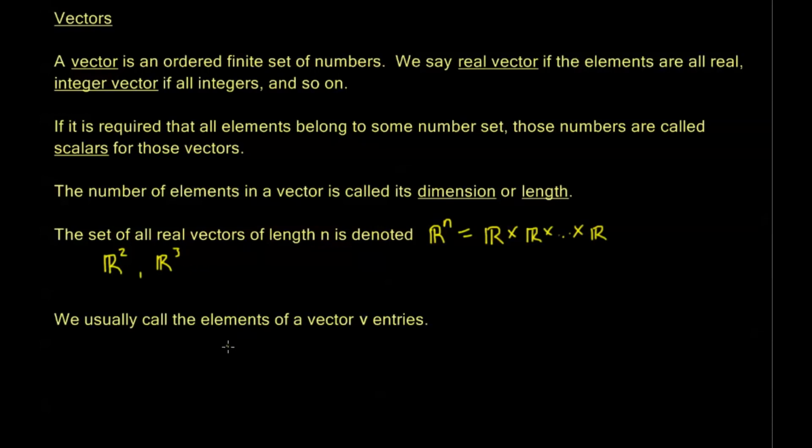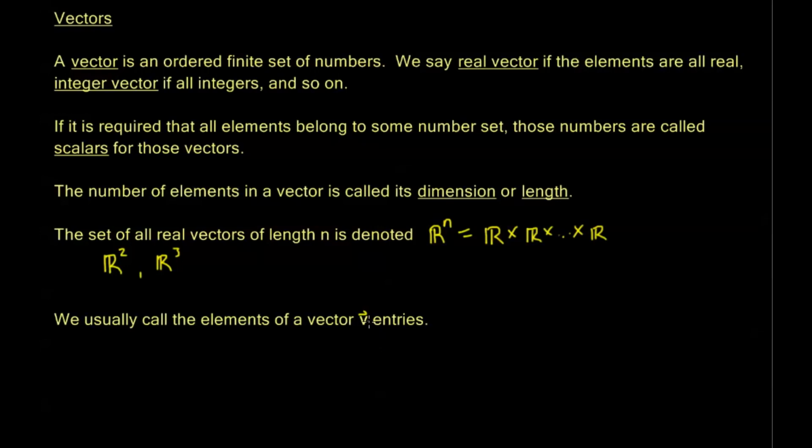We usually call the elements of a vector v entries. When we indicate something to be a vector, usually we'll bold it, and we'll usually use v or u or w, either a bold v or a v with a little arrow on top. I'll be interchanging between the two.